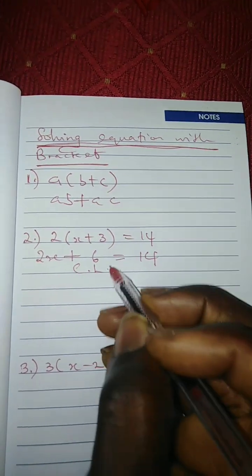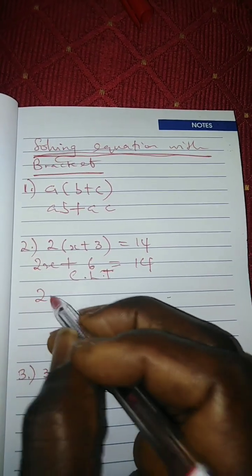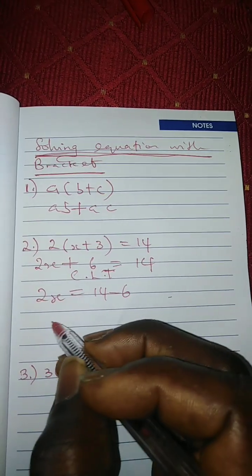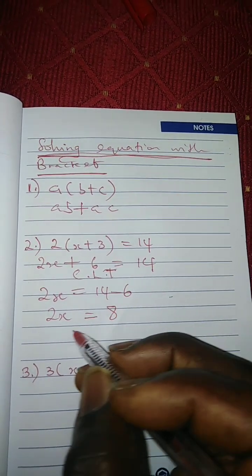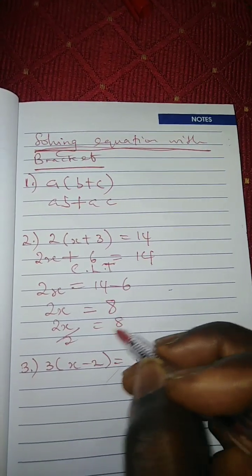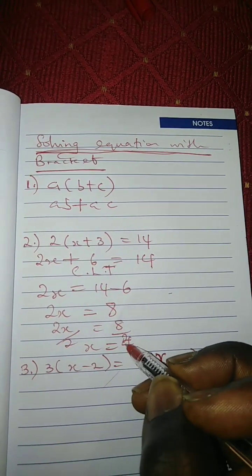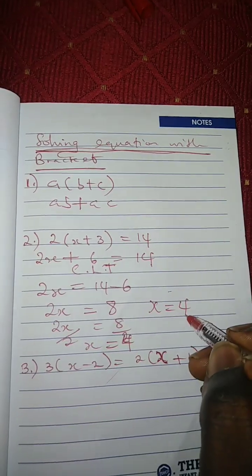And then I'll collect like terms. I'll have 2x equals 14 minus 6. 2x will now be 8. I divide both sides, 2x over 2, so 8 over 2. X will be 4. So x will be equal to 4.